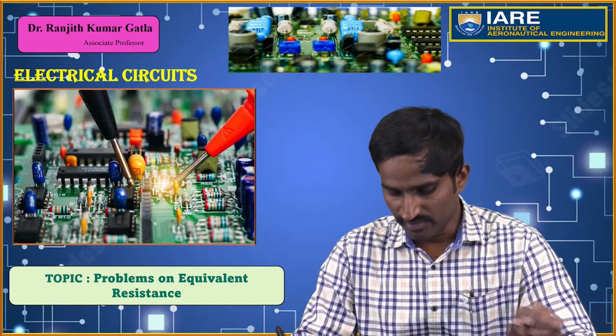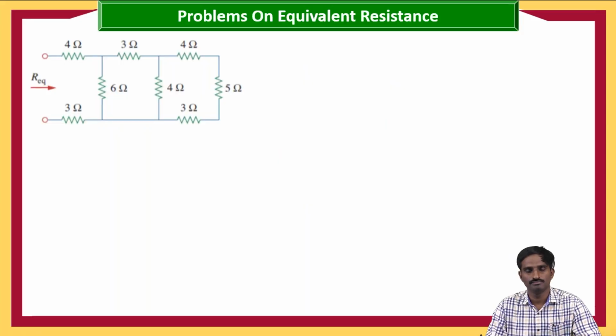Once again, let me give you an idea about how to identify whether two resistors are in series or parallel. If two elements are connected in series, then the current flowing through them is the same, especially when we consider only resistance.